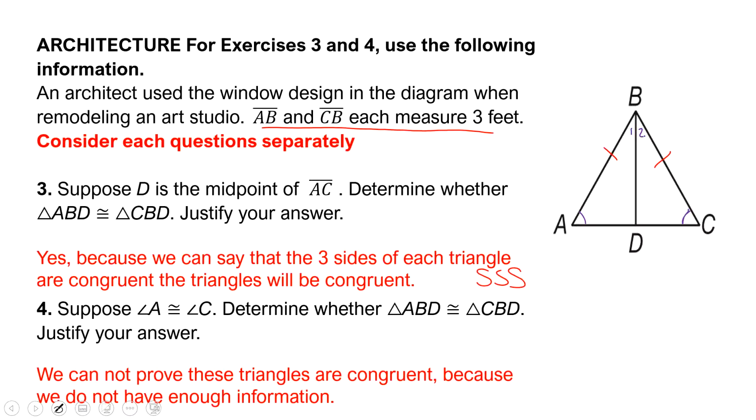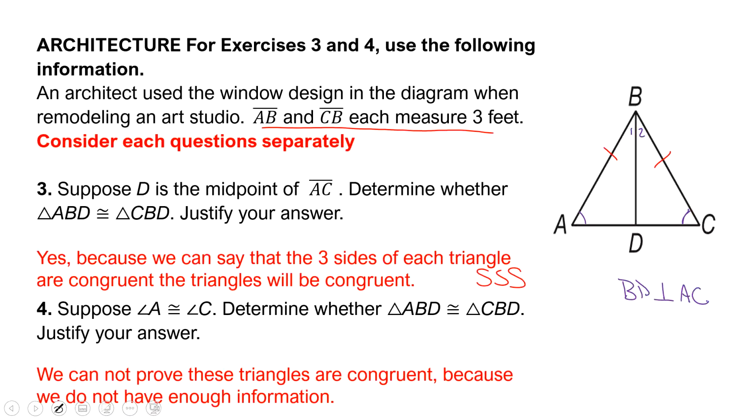The other option would have been, is BD perpendicular to AC? Because if BD is perpendicular to AC, that makes both of the angles at point D right angles. Now we have angle, angle, side, and we could say they're congruent that way. Does that all make sense? Everybody kind of sees that?